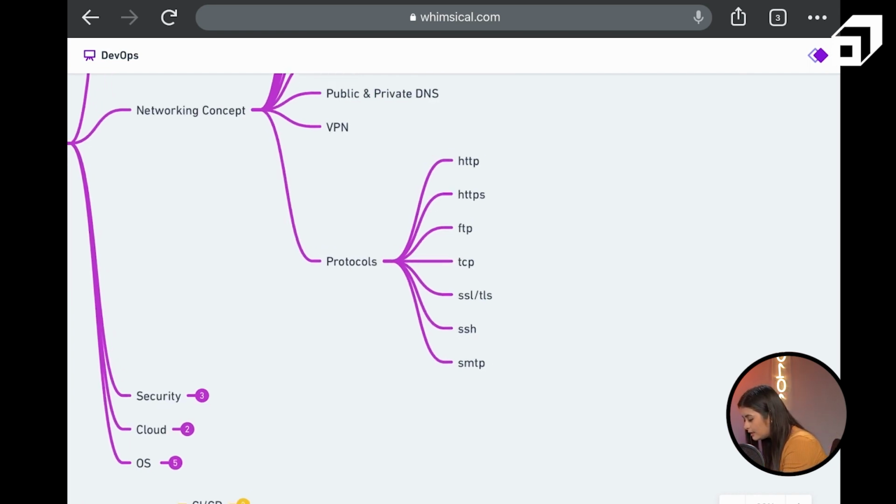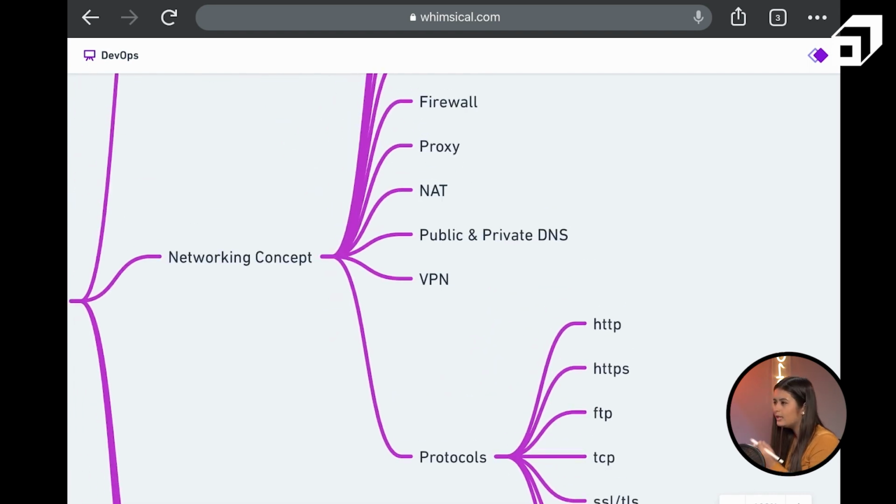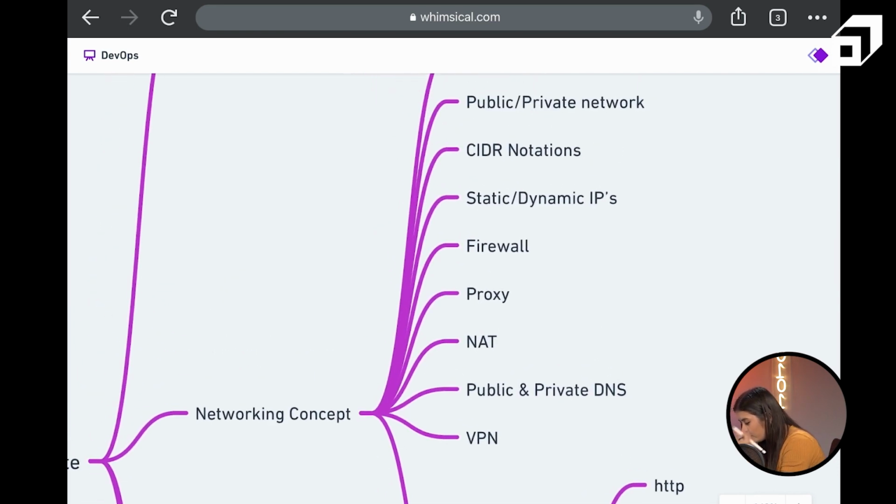You should know about all these protocols, their full forms, and where these are used. It's a very normal and core concept of computer science, as well as very significant when it comes to a DevOps profile, okay. And firewall, proxy, NAT, what private and public DNS are, VPN, these are very significant things.